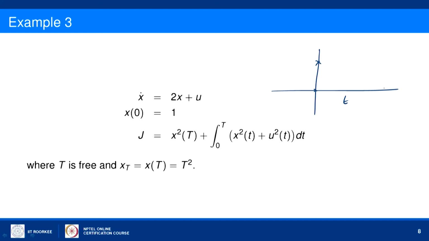Final time T is free, and x of T is also free, but it depends a little bit on capital T. If you write the equation x equal to t square, this is the x axis, this is the t axis, so the curve x equal to t square looks like this.